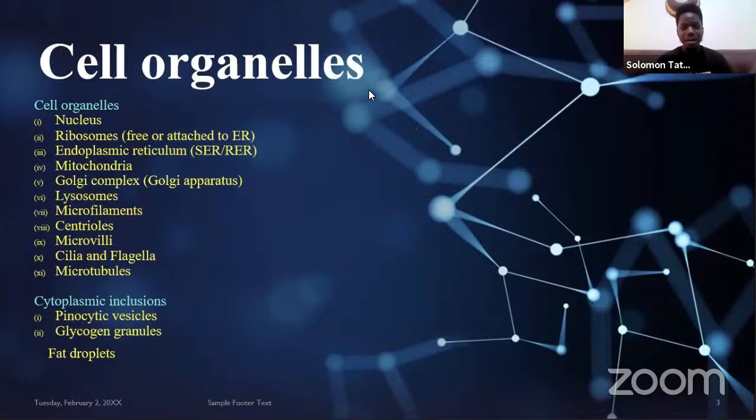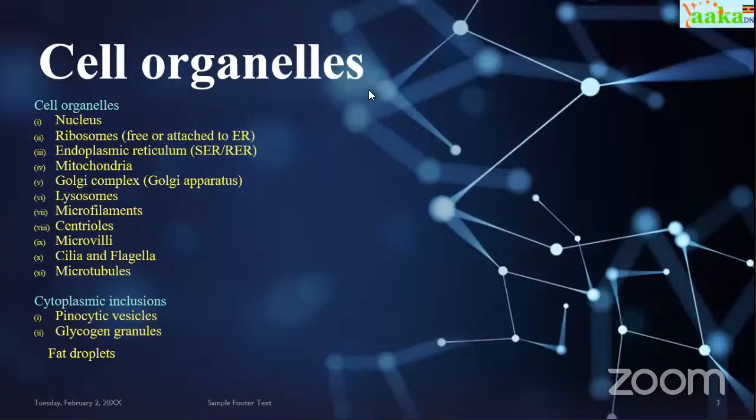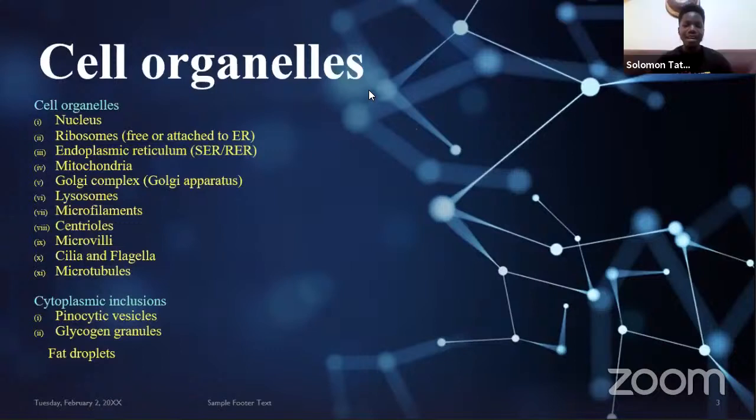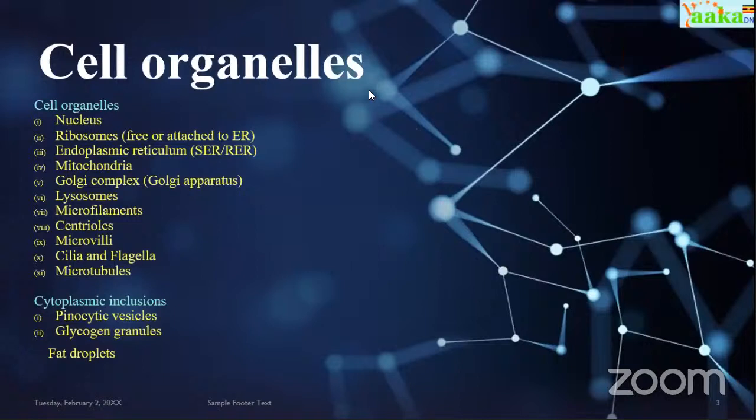Elisha, you have something? Yeah, can I say that it contains the DNA, which contains the codings for protein synthesis? Yes, that is correct. It's the same thing as saying it contains the genetic material that is used in heredity, okay?